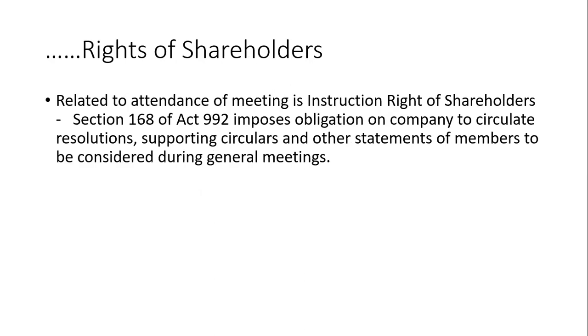But of course, related to the right to attend and vote at meetings is also the related democratic right to have your proposed resolution or circulars or statements circulated by the company. In other words, it's not only the board of directors who set the agenda in terms of what is to be discussed, what is to be decided at general meetings.